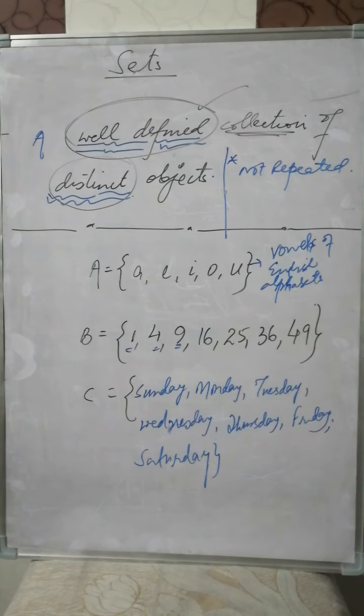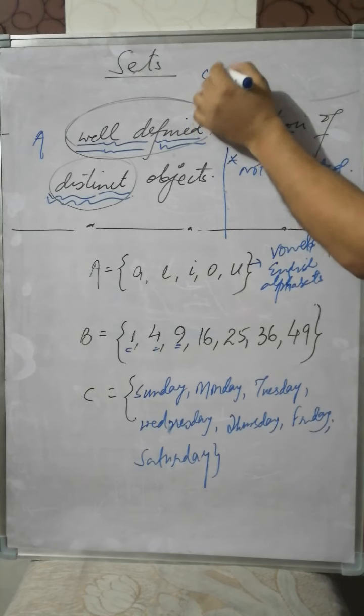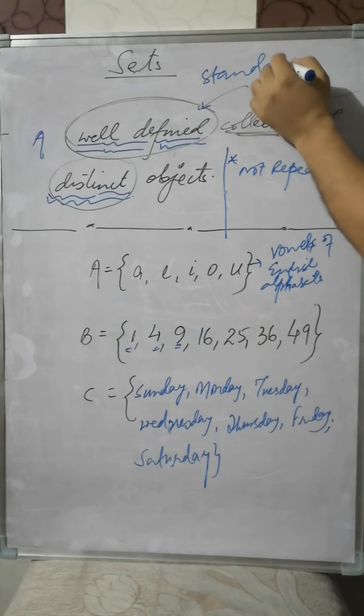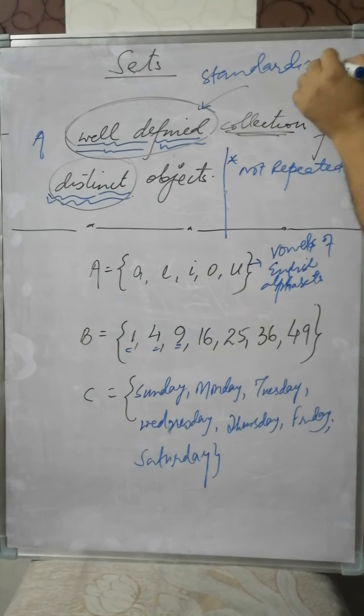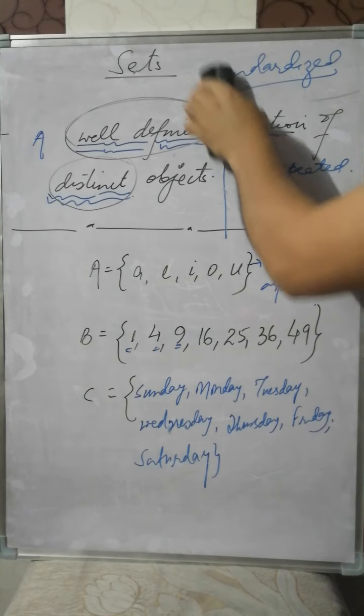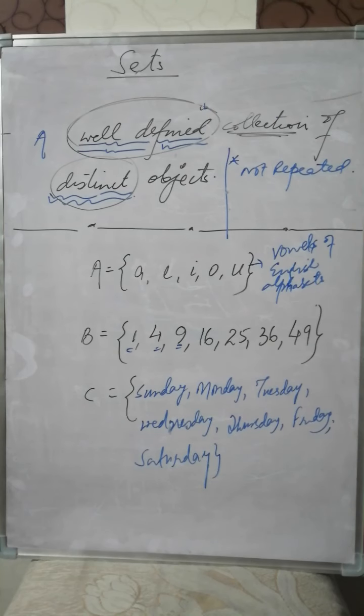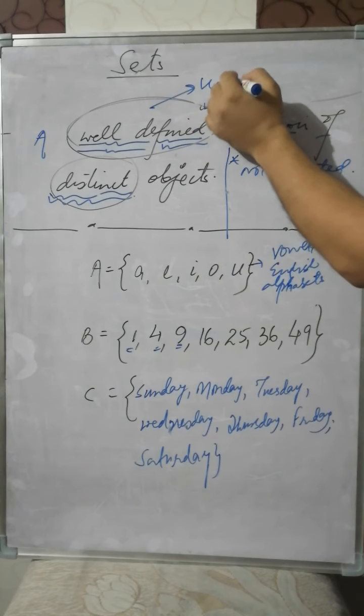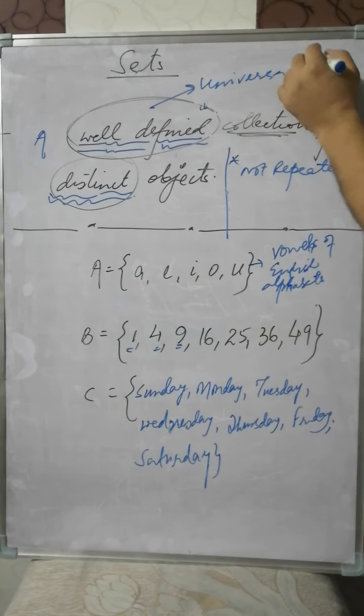Now, by the term well-defined, we actually mean something that is standardized, something that is universally acceptable, something that is independent of personal opinion. So that is what you say is universally valid.